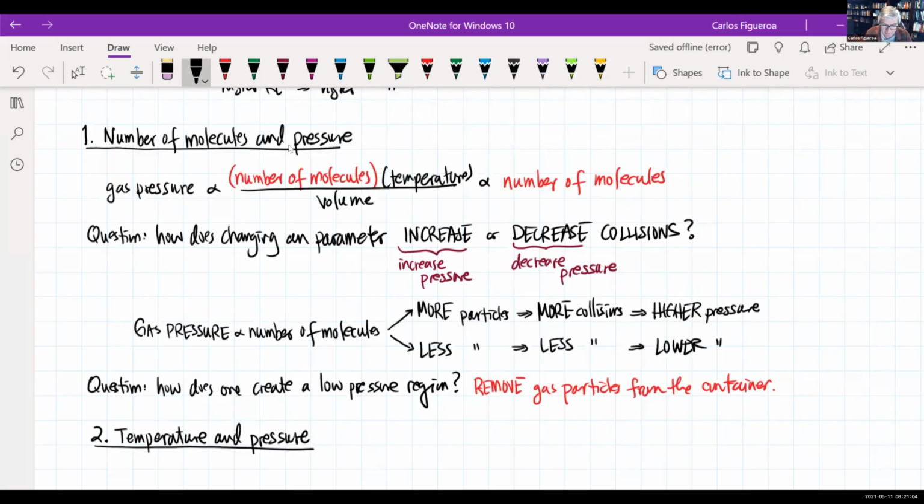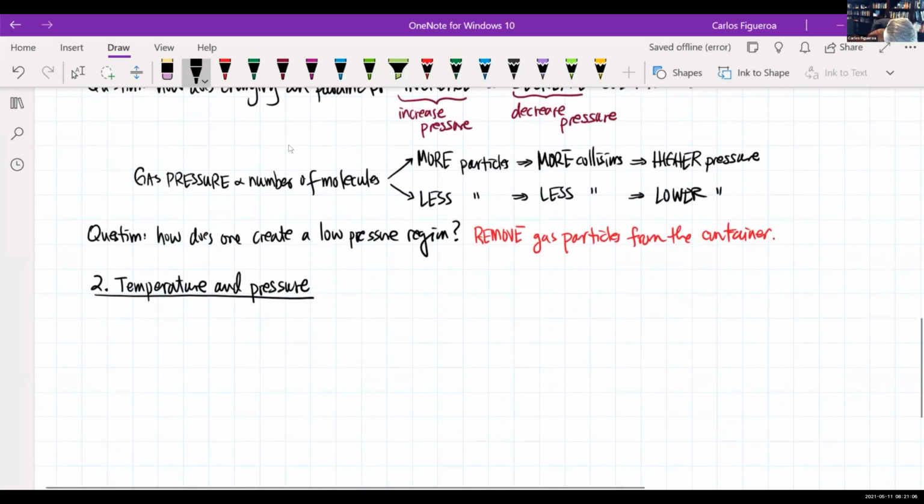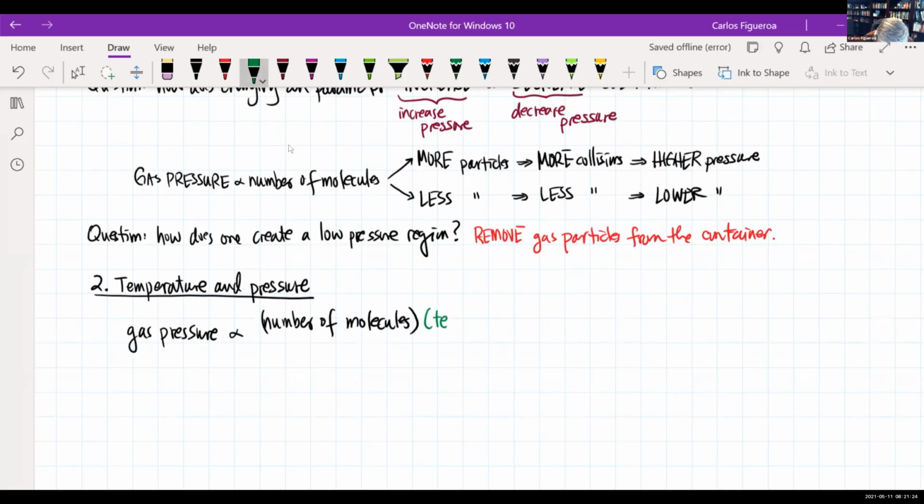So according to the ideal gas law, the gas pressure is going to be proportional to the number of molecules, this time times the temperature of the gas, divided, of course, by the volume.